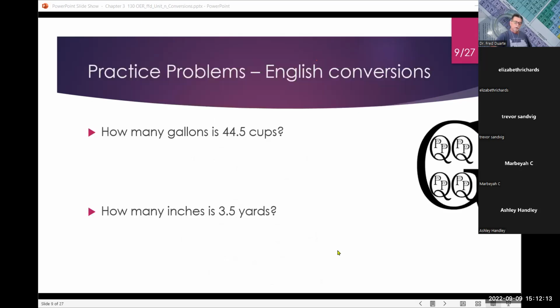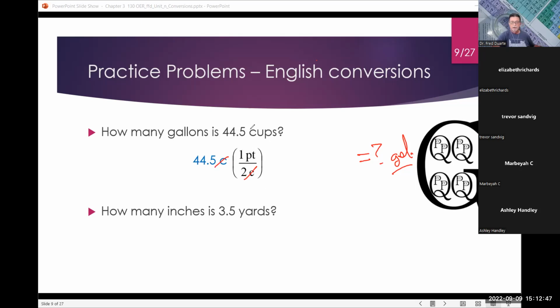For example, the question here says, how many gallons are in 4.5 cups? So we write down what we're given, and then I also write down what I'm looking for with respect to units. I've got cups here, so I find a factor that will eliminate the cups and get me into a different unit, and that is the 1 pint to 2 cups.